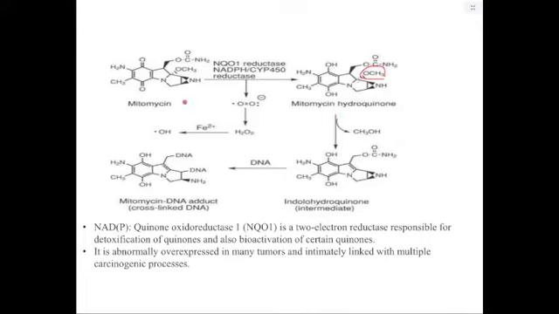So as I said, the first step of mitomycin, through the quinone oxidoreductase enzyme or the cytochrome P450 reductase enzyme, is to generate the mitomycin hydroquinone, then loss of methanol gives us the indolohydroquinone, and this is an intermediate. Now this group is ready to alkylate the DNA.